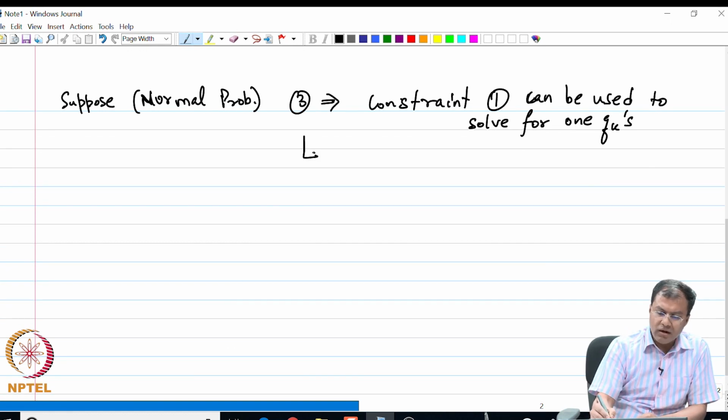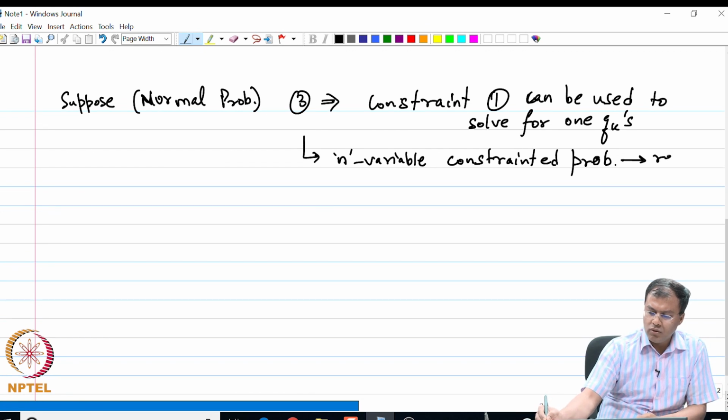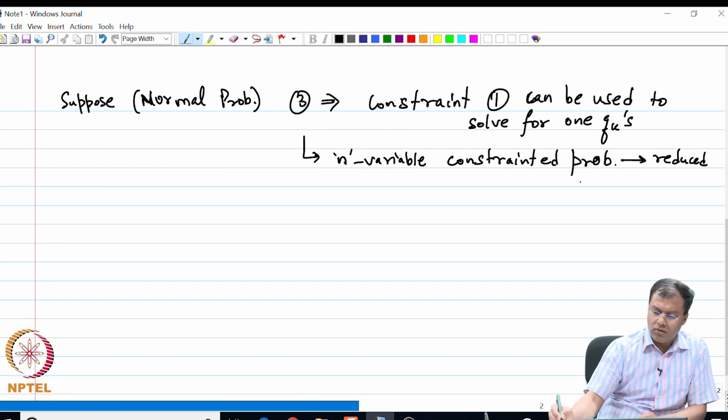Which means, intuitively, it seems that an n variable constrained problem can be reduced to an n minus 1 variable unconstrained problem.